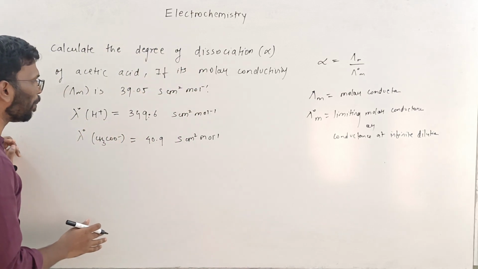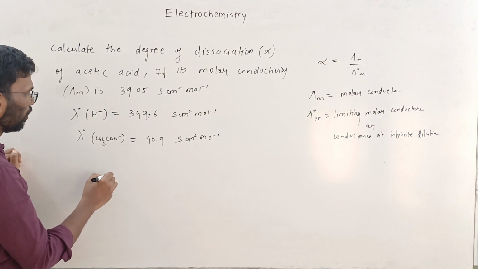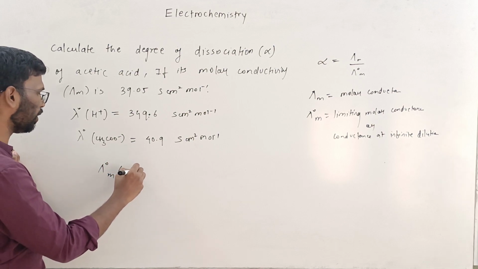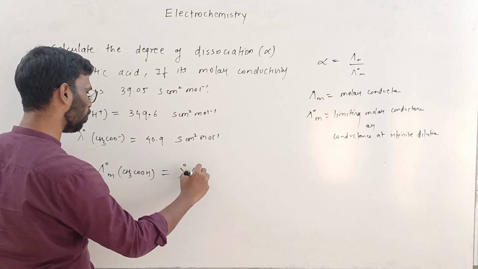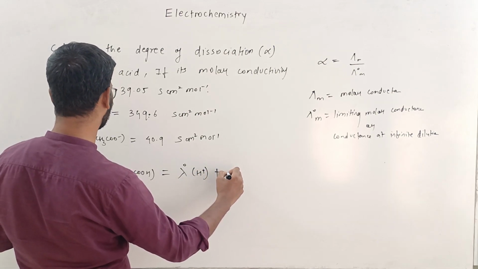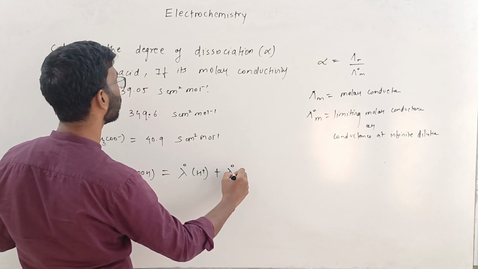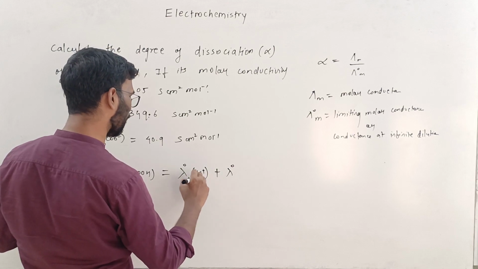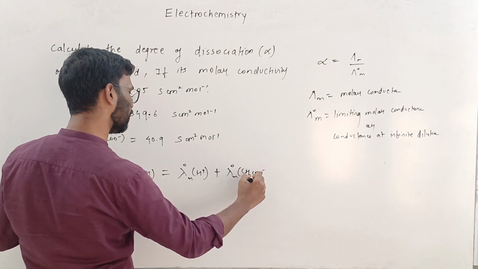So we need to find lambda naught m for acetic acid. Lambda m is given, right? So lambda naught m of CH3COOH is lambda naught m of H plus plus lambda naught m of CH3COO minus.